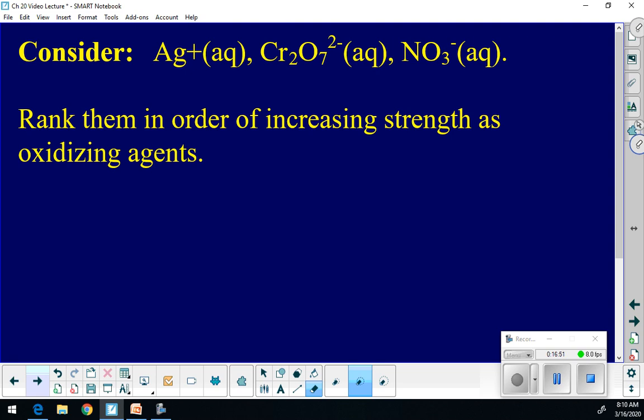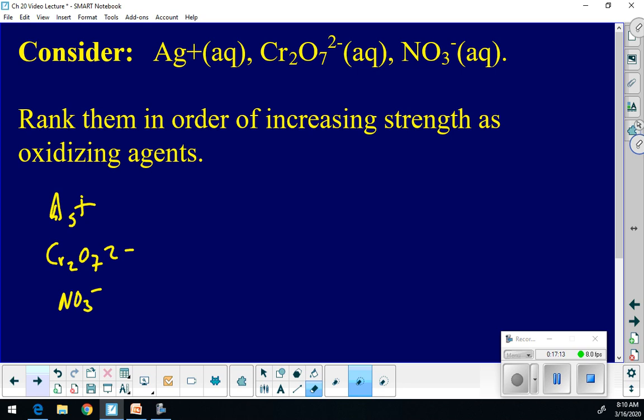Oh, so what am I going to do? I want to look at these. I need to figure out my standard reduction potentials for these. And specifically, I need standard reduction potentials for Ag plus, for Cr2O7 2 minus, and for NO3 minus.